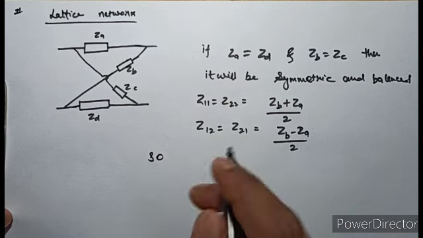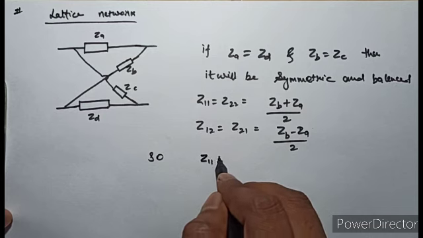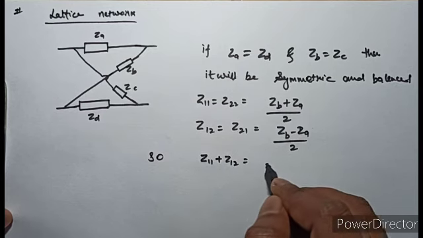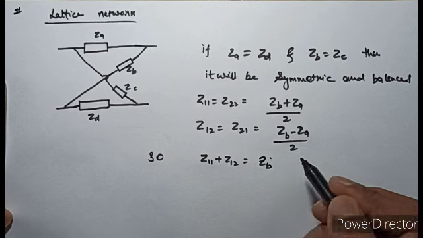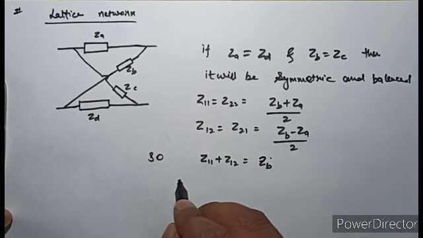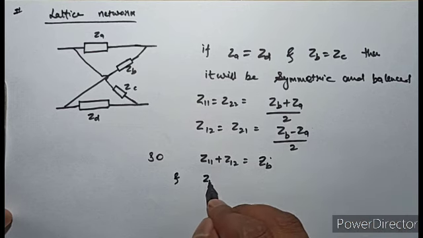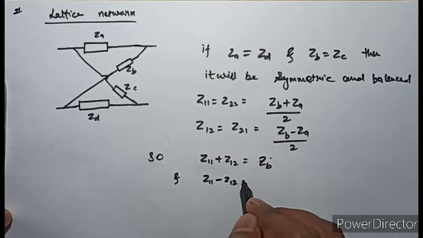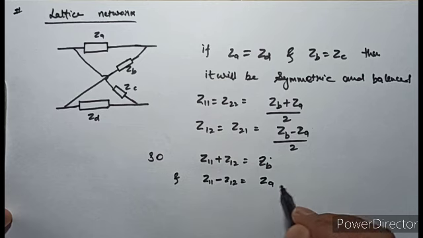So from this we will have Z11 plus Z12 is equal to ZB, and Z11 minus Z12 is equal to ZA.